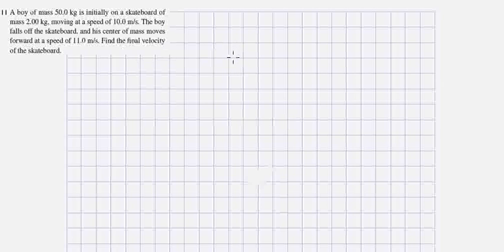Alright, so initially we have the boy, big mass M, plus the skateboard, little mass m, and they're moving at a velocity of 10 meters per second.